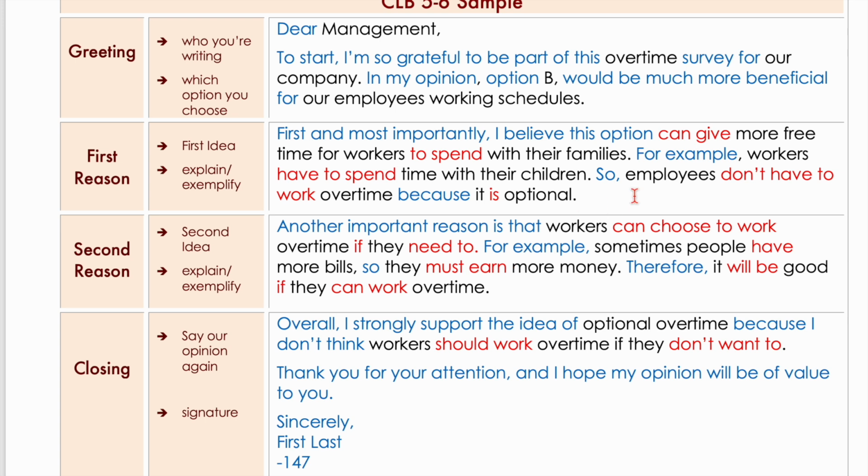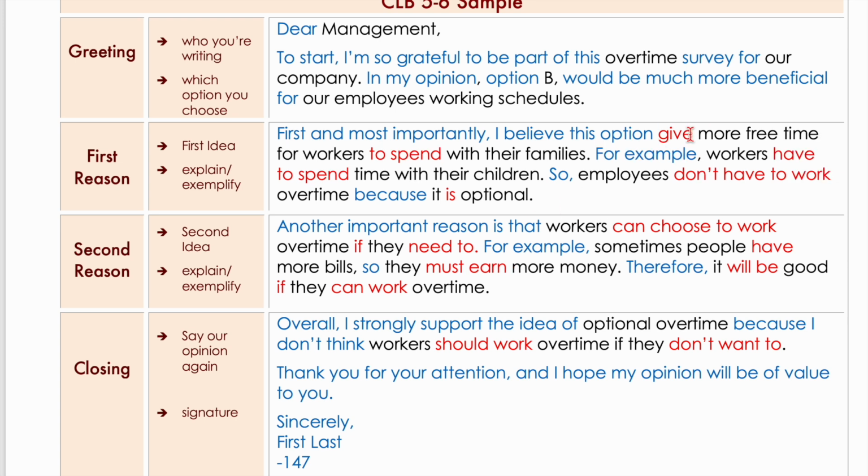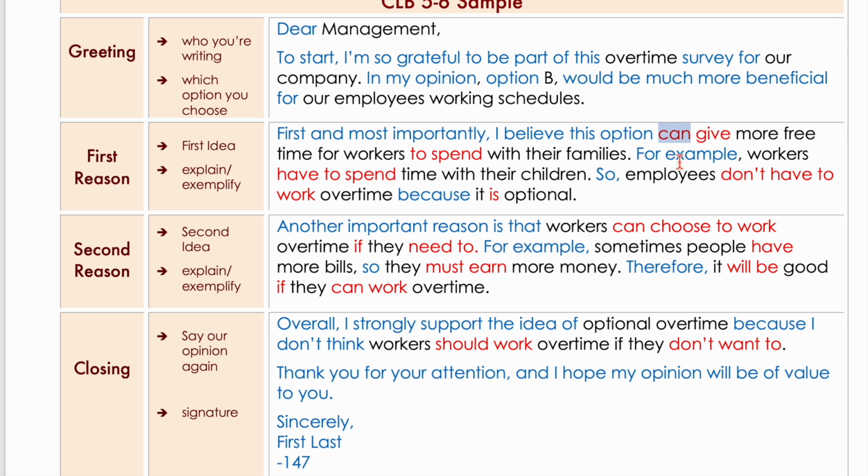Like I said, over here, for example, you can use gives, and for have to, we can use need to. Level 5 uses more simple grammar, okay? But I strongly recommend that you should have knowledge of these modals, they are called. Can, give, have to, need to, must.